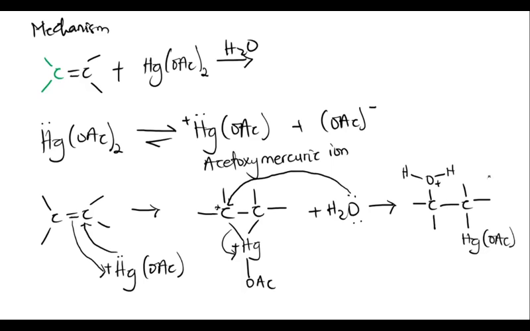Now that we have this, another water molecule comes to pick up a proton, releasing these electrons onto this carbon-oxygen. Now when that happens, this is what we get. Okay, so we get our carbon bearing the OH group now.